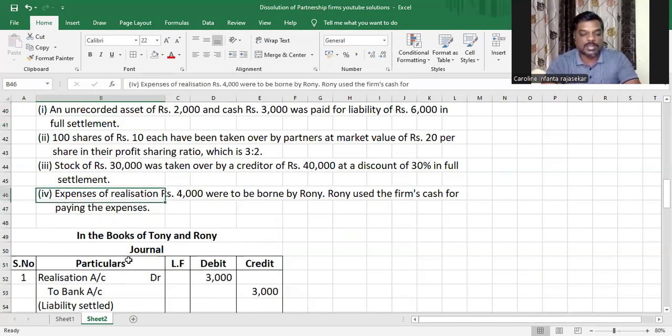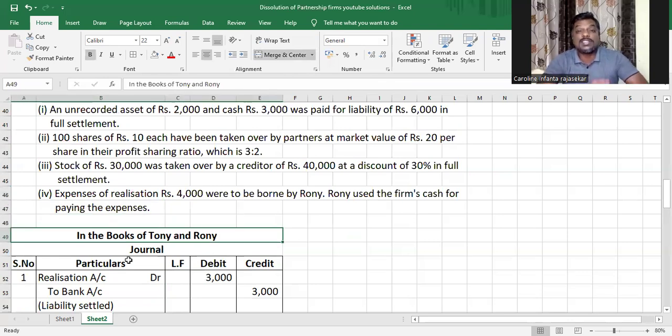And the fourth transaction, my dear children, is expenses of realization of 4,000 were to be borne by Rony. Rony used the firm's cash for paying the expenses. So expenses are borne by a partner. When the expenses are borne by the firm, it's an expense of the firm, and therefore realization account will be debited.